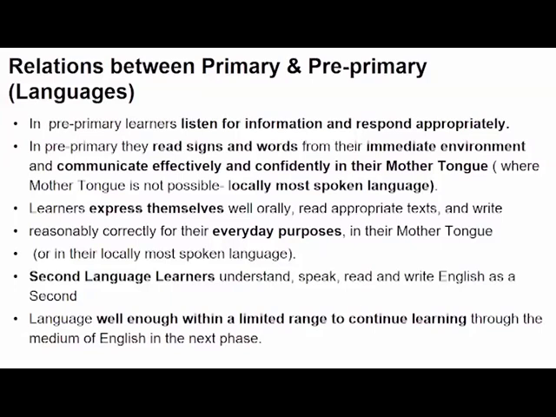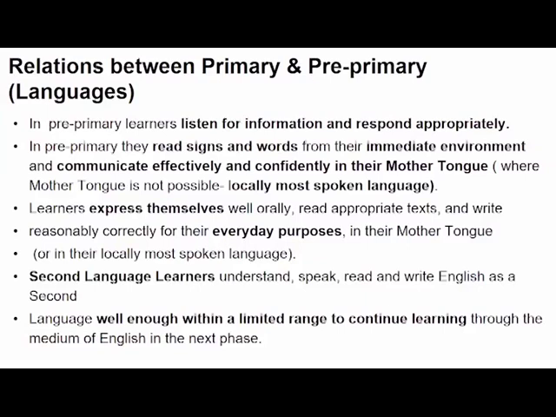So, second language learners we know, and we're talking specifically about English, should be able to understand, speak, read, and write English as a second language eventually, well enough within a limited range to continue learning through the medium of English in the next phase.